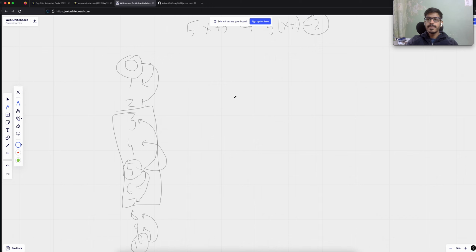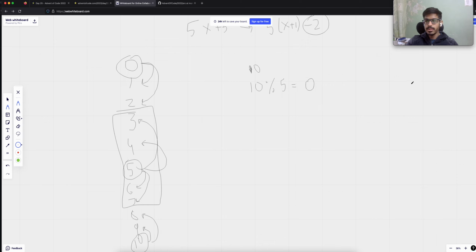And so let's assume we have a number like 10. We have to find its SNAFU format. So the basic steps we will follow: we will first take the remainder by 5, which is 10 remainder 5. This comes out to be 0.